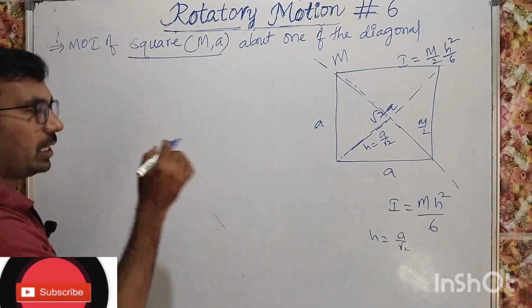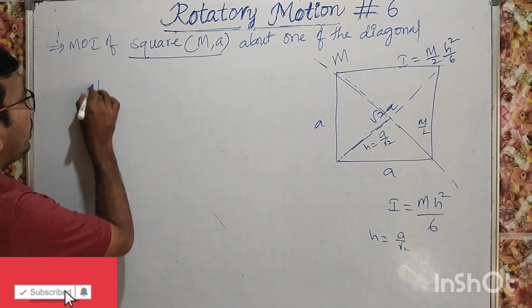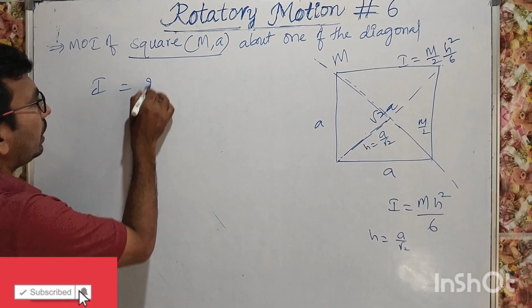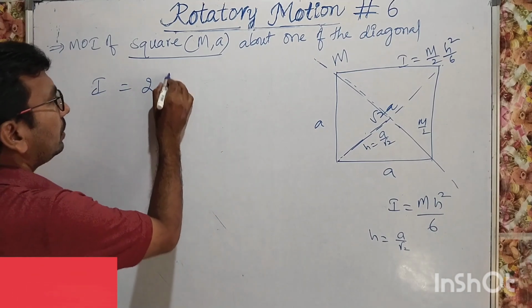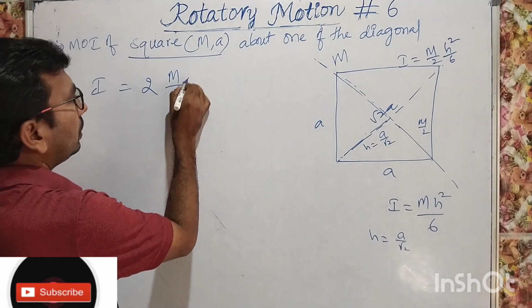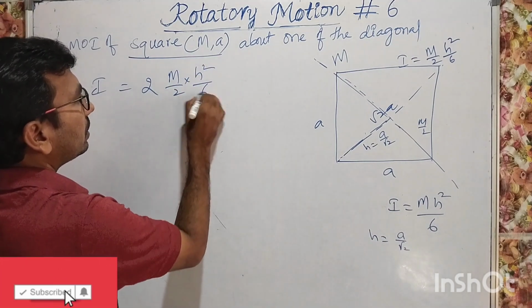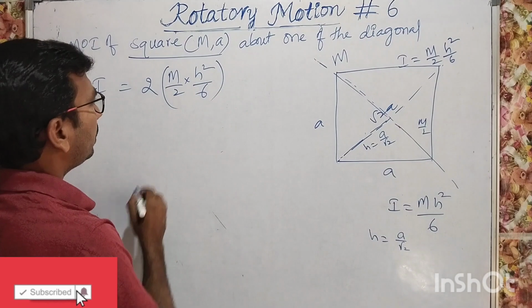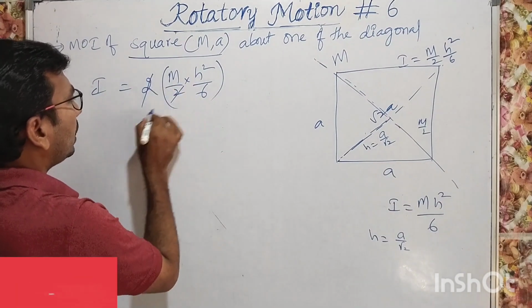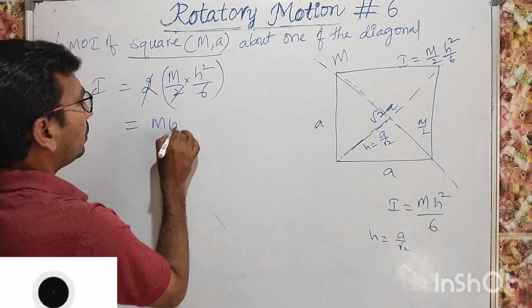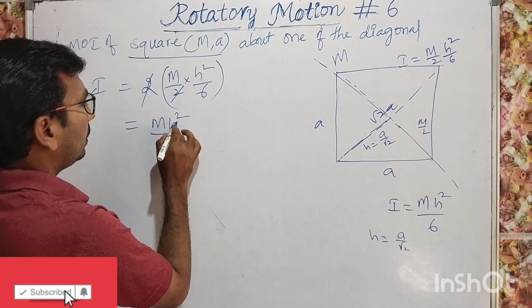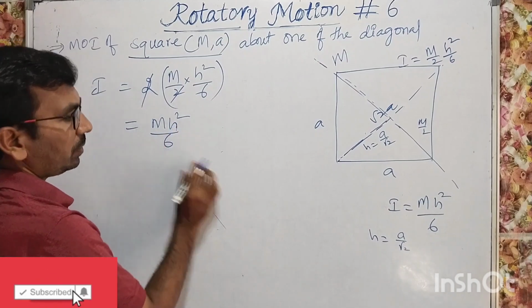So you can write the total moment of inertia as 2 times m by 2 into h square by 6. The 2 cancels, so m h square by 6. What about the h value?